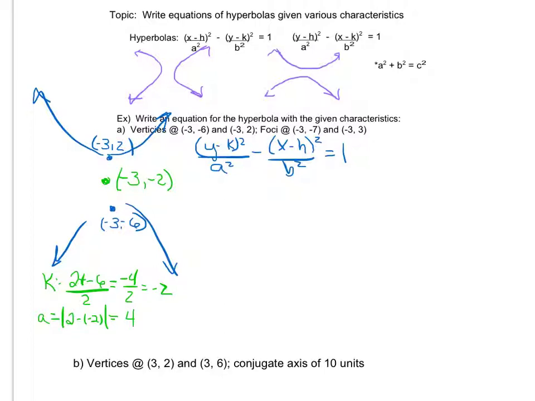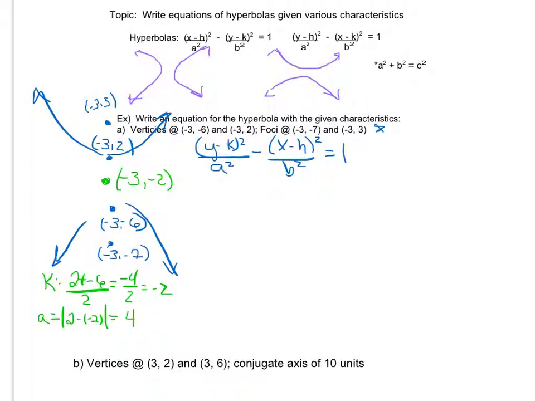And now I need to also find my b value. But I notice I'm not given enough information to find my b value. The only other piece of information that I'm given that I haven't used yet are my foci. My foci I have at -3, 3, and -3, -7.